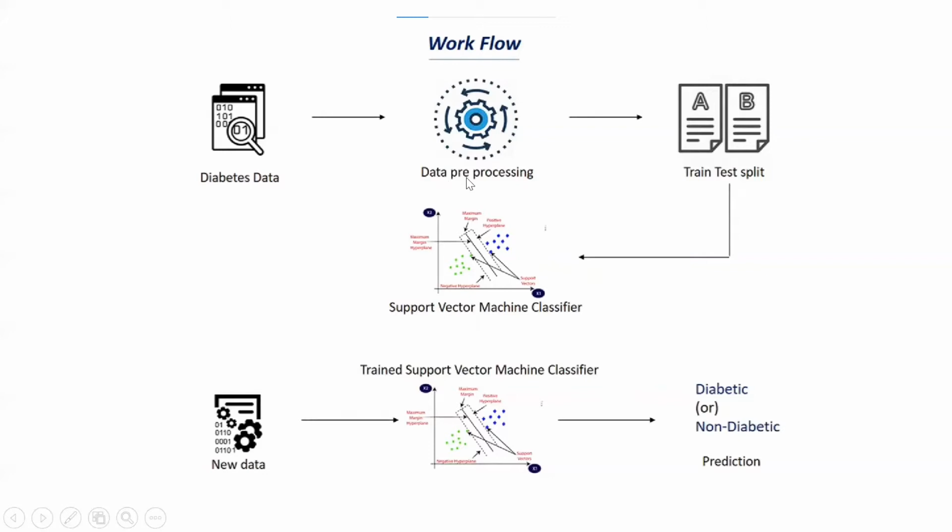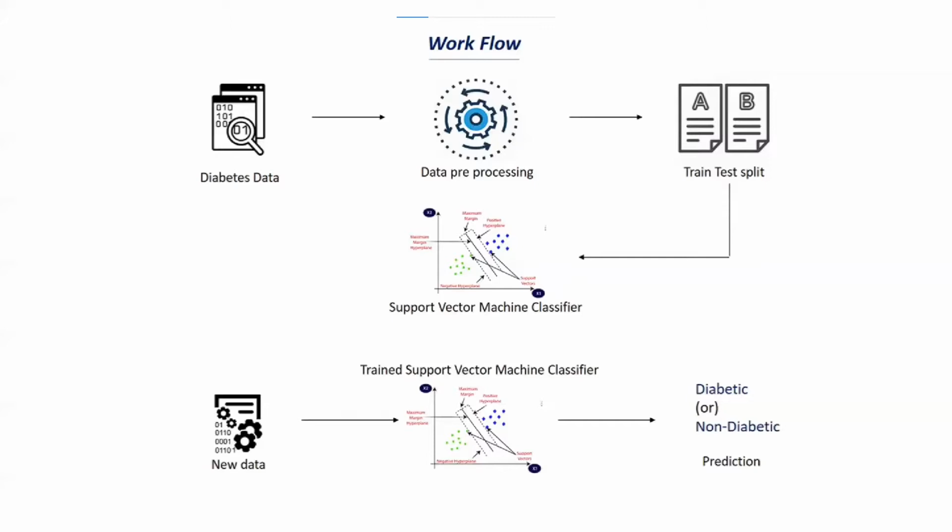Once we pre-process the data, we will split the data into training and testing data. We train our model with the training data, and we try to find the accuracy score of our model with the help of test data. It will tell how well our model is performing. Once we split the data into training and testing, we will feed this to our support vector machine model.